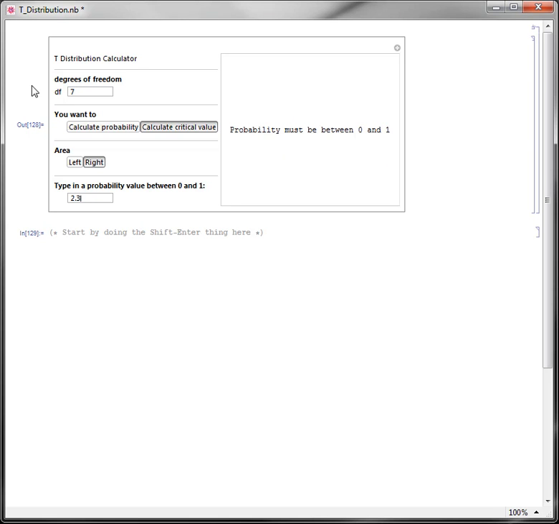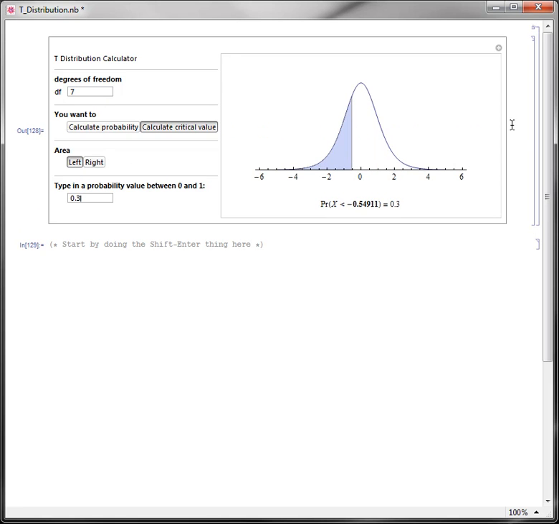If we're still going to use the same student t-distribution with 7 degrees of freedom, we type in 30% probability here, and I'm going to change the option back to left, and we get this. Okay? So the threshold such that the probability that a student t random quantity is less than that threshold is equal to 30%, that threshold is minus 0.54911.